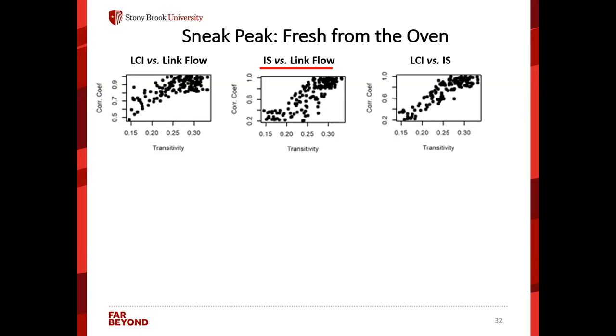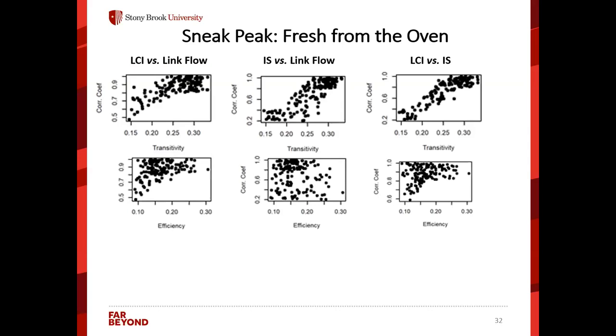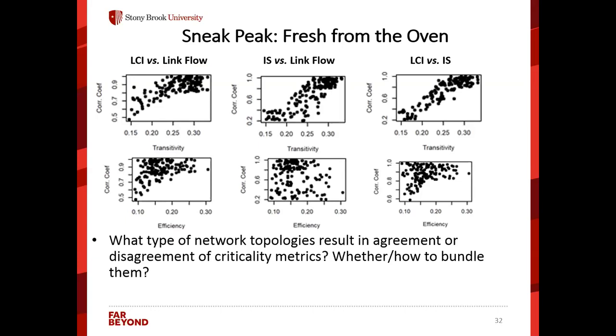LCI versus IS, the importance score, one of the measures that we used before. And we also did this for other measures, like network efficiency. How does it change with network efficiency, whether they agree or not in a certain range? What we're looking at now is what type of network topologies result in agreement or disagreement of criticality metrics, and how or whether to bundle them.